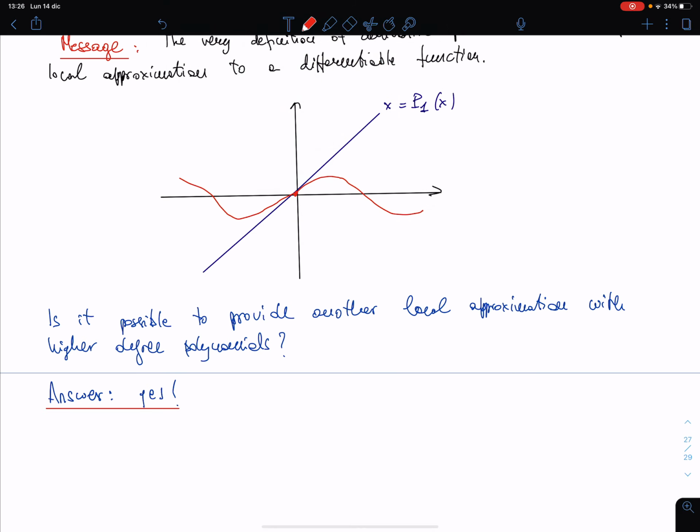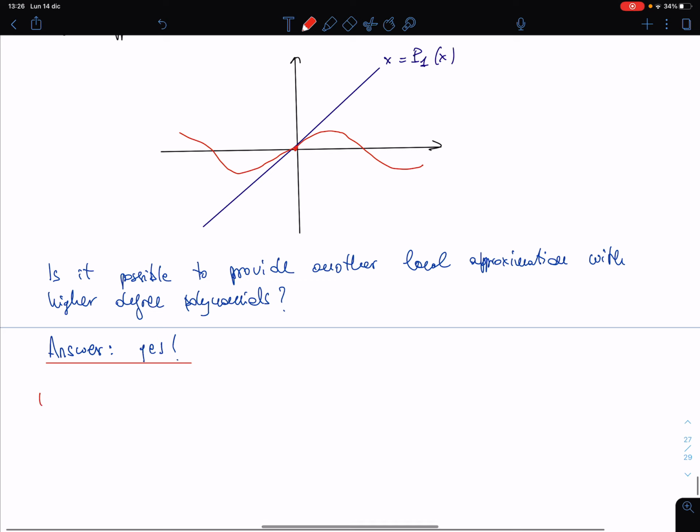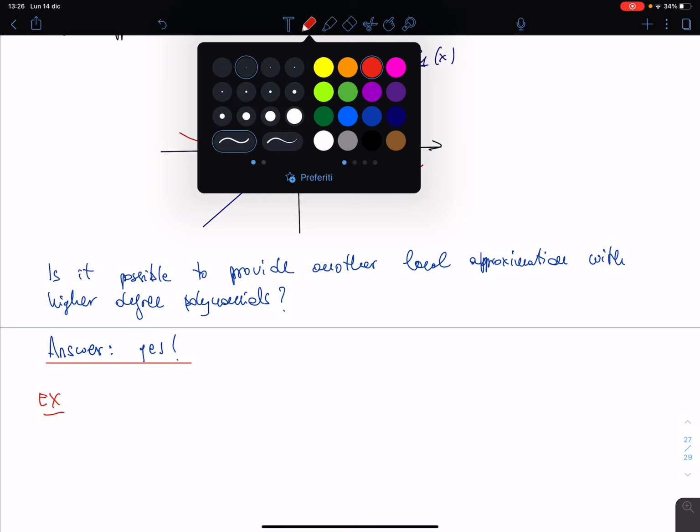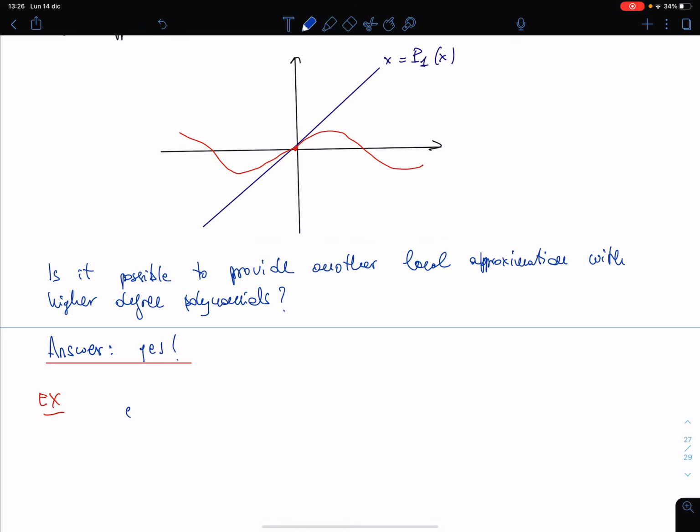We will see that, but for now, let me just give you an example that you know very well. The example is about cosine this time, because we already wrote this equality. The cosine of x is equal to 1 minus x squared over 2 plus little o of x squared, again for x going to 0.